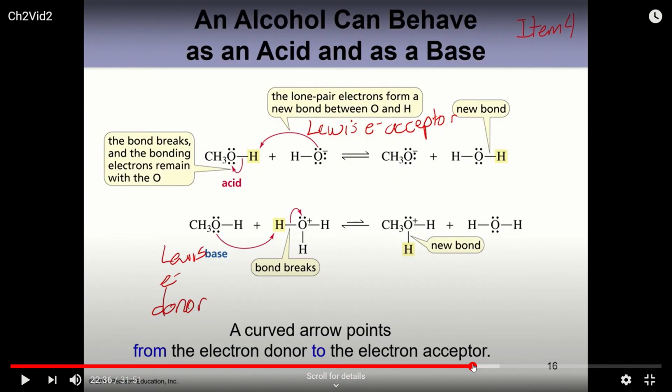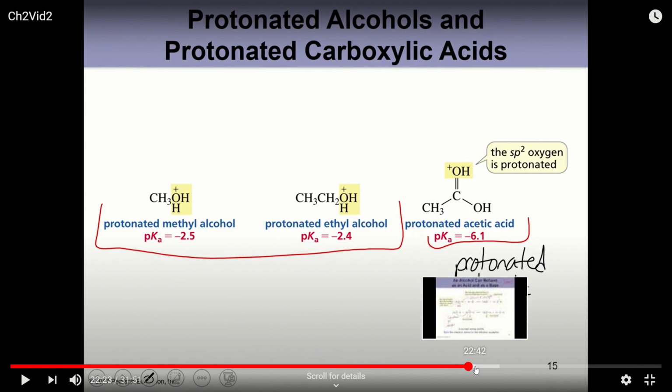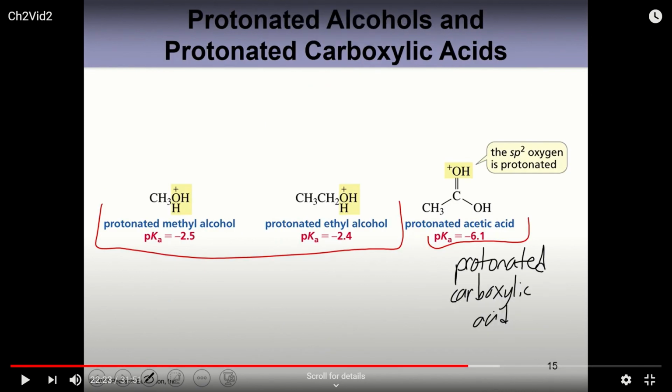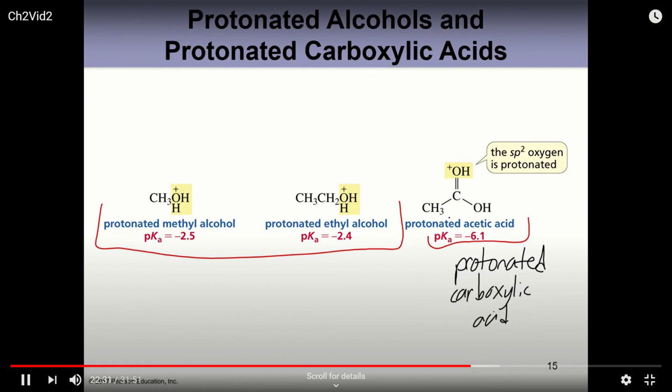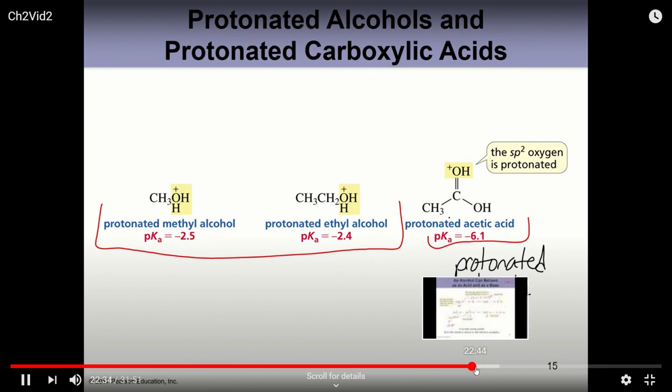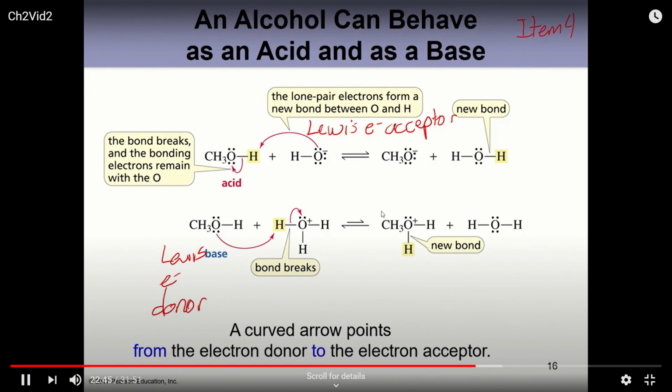So moving forward then, we have alcohols behaving as an acid or an alcohol behaving as a base.